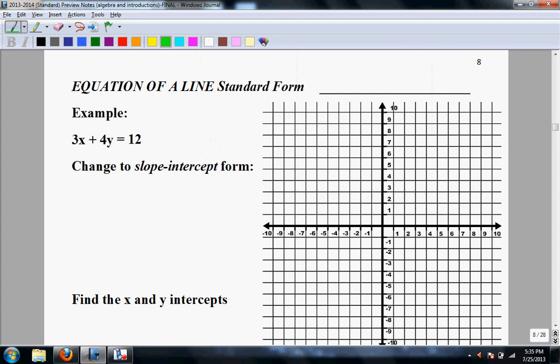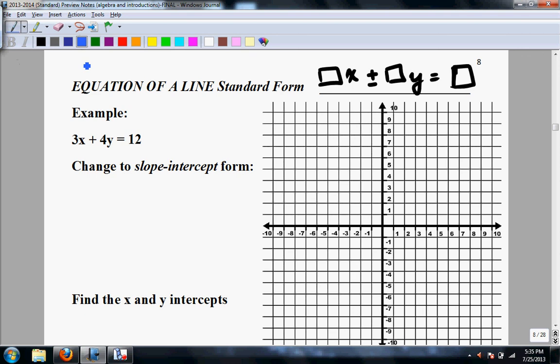Now the second method is called the standard equation of a line. This basically looks like this. You're going to have something x plus or minus something y equals something. I prefer to use the boxes.